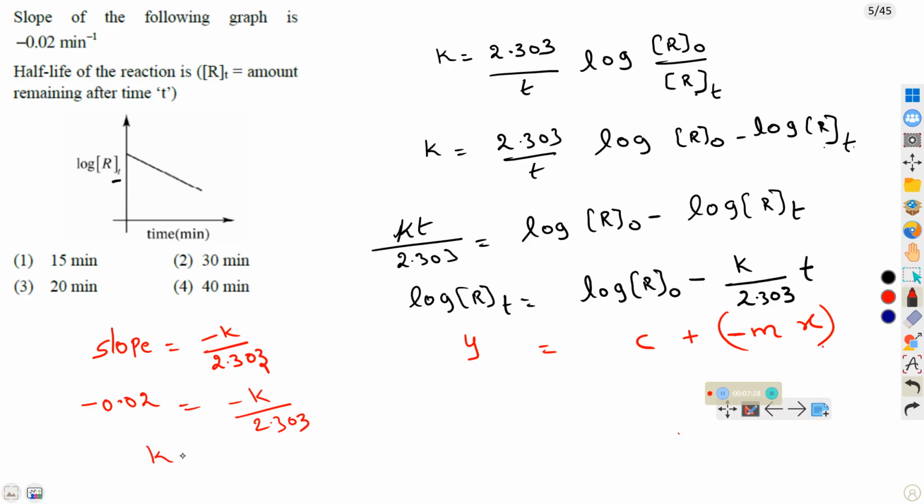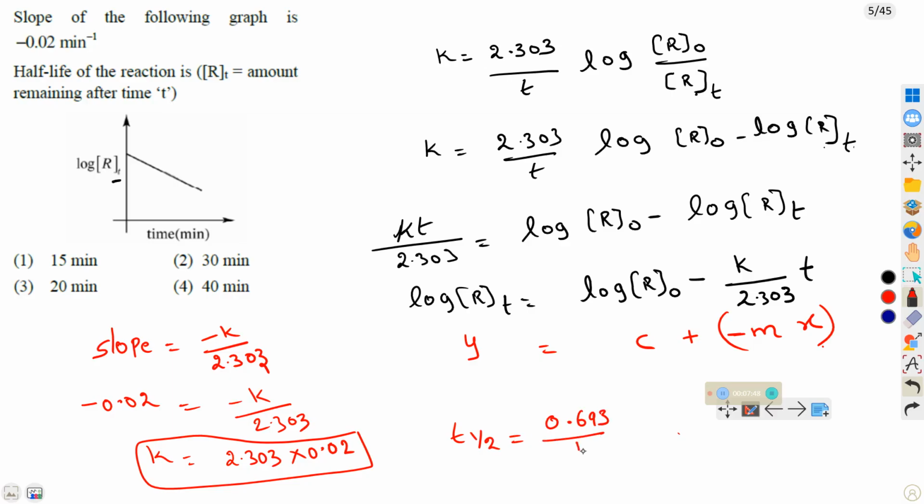Based on this, k = 2.303 into 0.02. Now what is the question? Calculate the half-life time. t1/2 = 0.693/k = 0.693/(2.303 into 0.02). Simplify, you will get 15 minutes. First option correct.